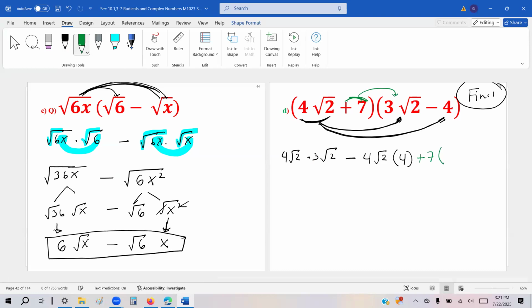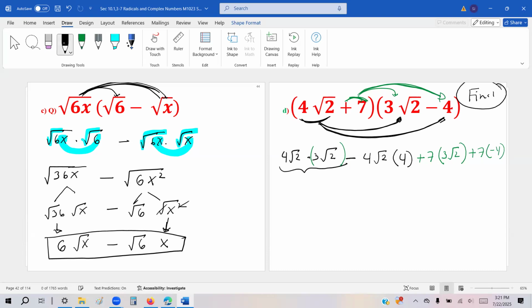So 7 times 3 square root of 2. This is multiplication. And this is 7 times the negative 4. If you write this way, you can see what's going on. But you don't have to write this line. The main thing is the next line.